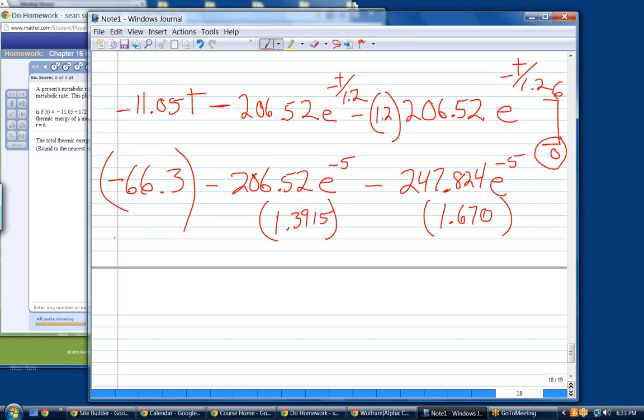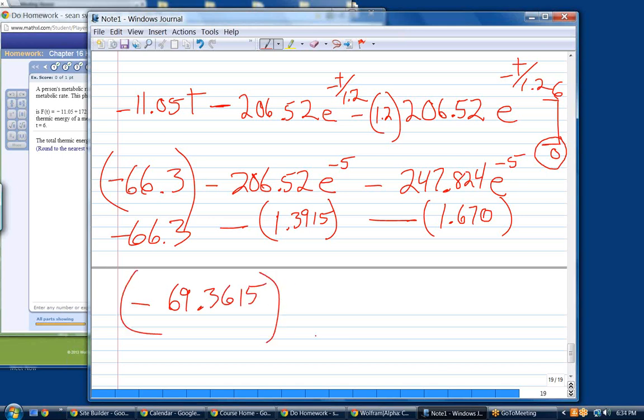Okay, so we have negative 66.3 minus that minus that. Write that out too. Should be 63 and change, or 62 and change, maybe. No, excuse me, it should be negative 69 and change. Yep, negative 69.3615.